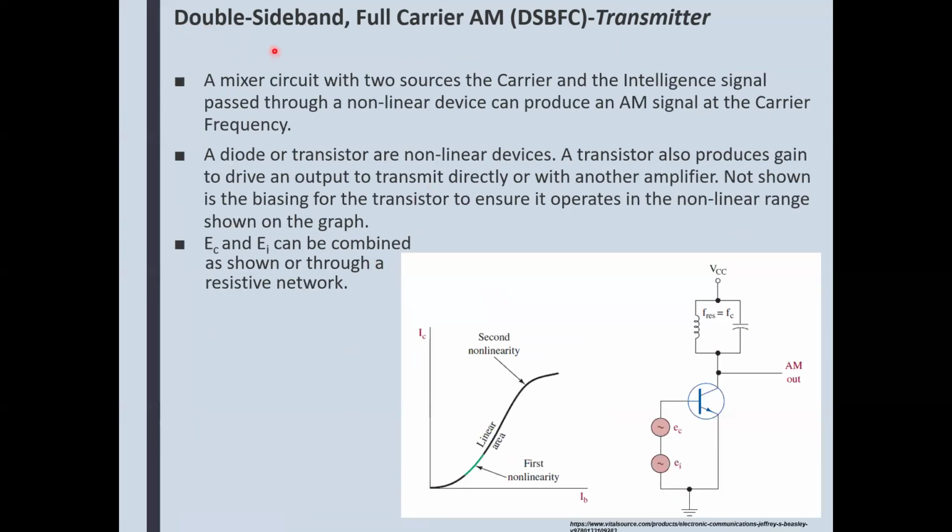Right, double sideband full carrier, AM transmitter, double sideband full carrier. Okay, there you go. Here's the acronym. A mixer circuit with two sources, the carrier and the intelligence signal, passed through a nonlinear device, can produce an AM signal at the carrier frequency.